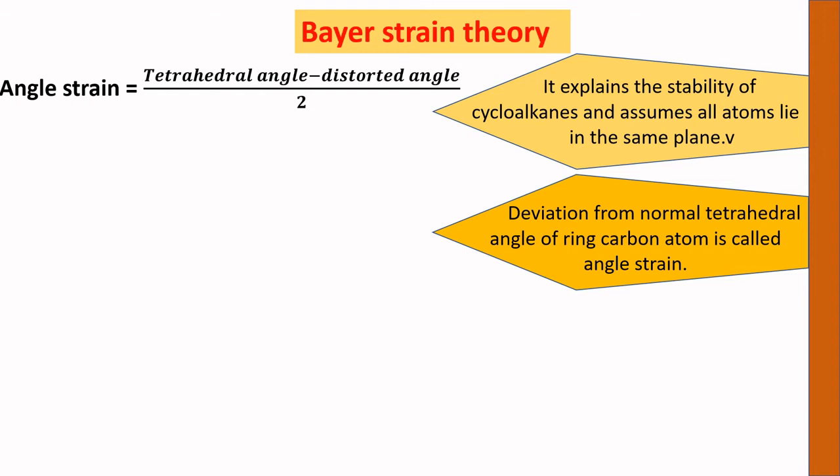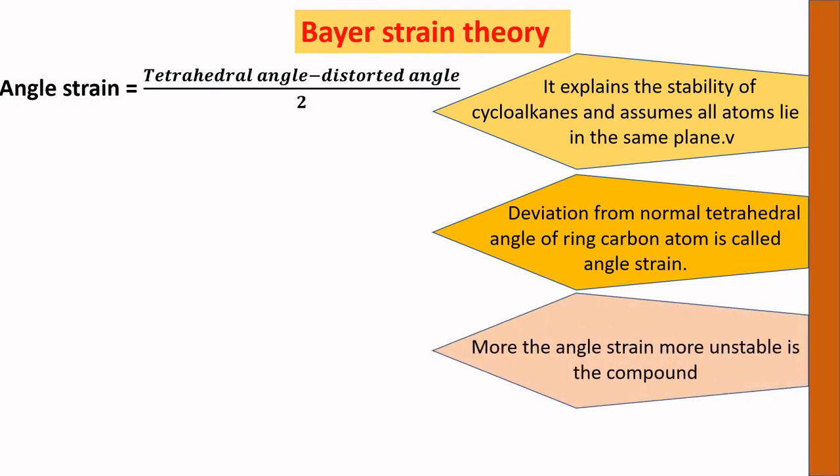But whenever an alkane becomes cyclic in structure, the tetrahedral angle is not at all retained in the carbon bond. We'll see in the next part how the angle is deviated. So the more the angle strain, the more unstable is the compound.